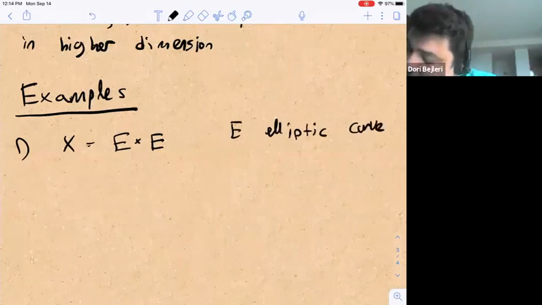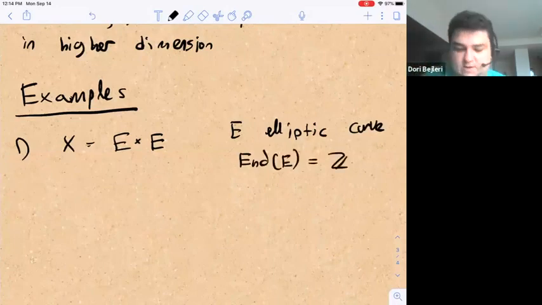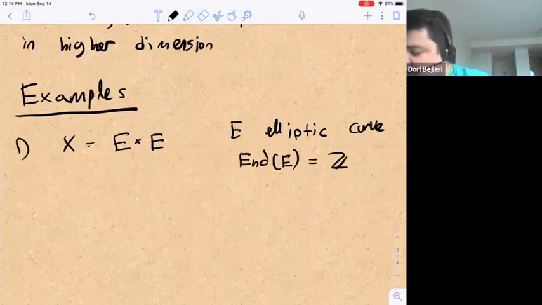And let's assume that the endomorphisms of E as an abelian variety are the integers. So this is an elliptic curve without complex multiplication. So here, these endomorphisms are all just multiplication in the group structure of the elliptic curve, multiplication by some number n.